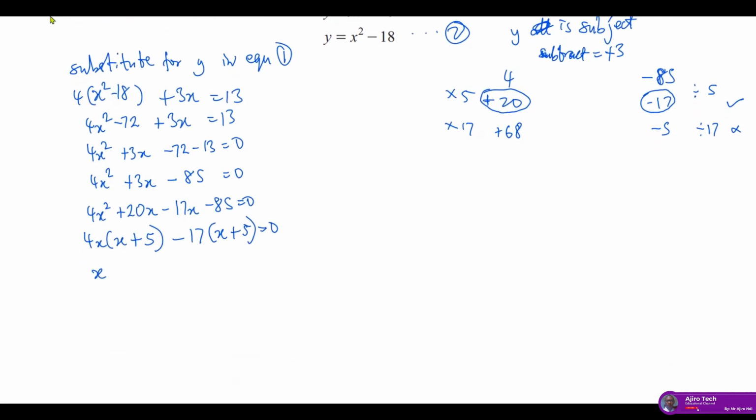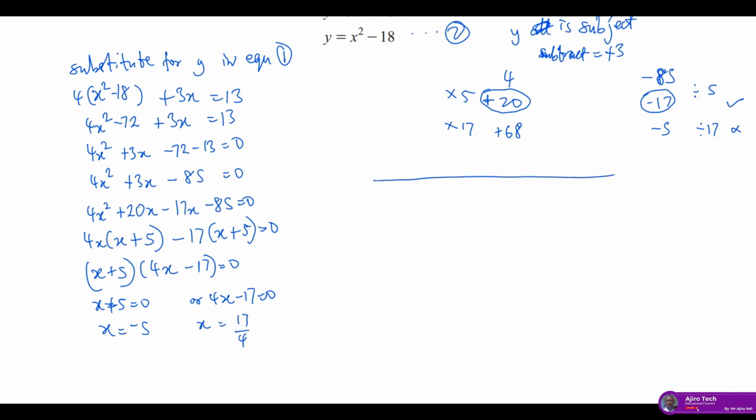So x plus 5 into 4x minus 17 is 0. So x plus 5 is 0, or 4x minus 17 is 0. X is minus 5, or x is 17 over 4.